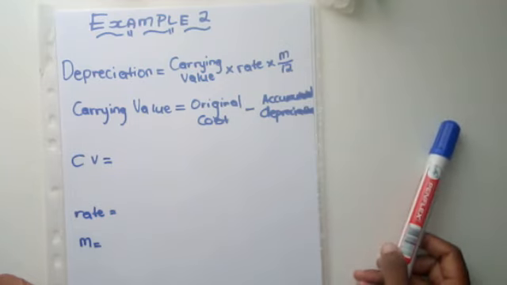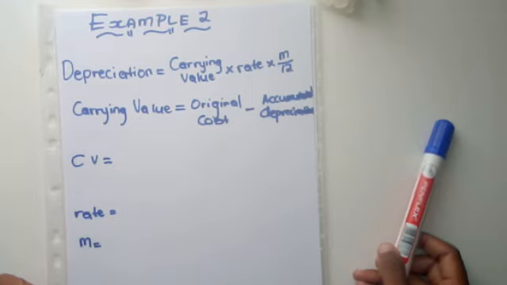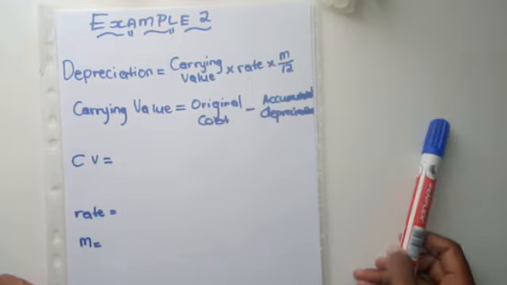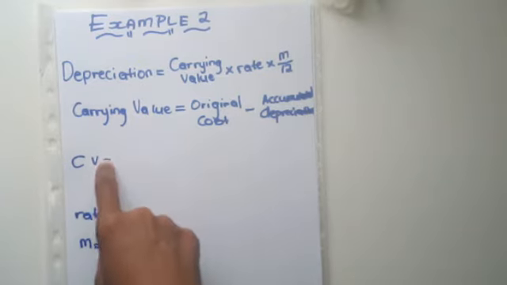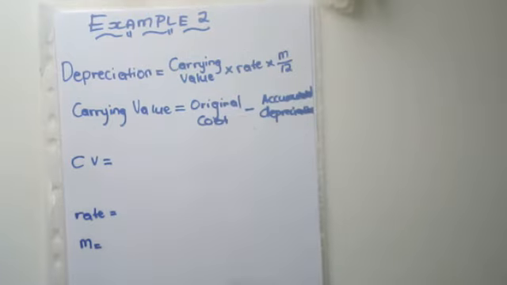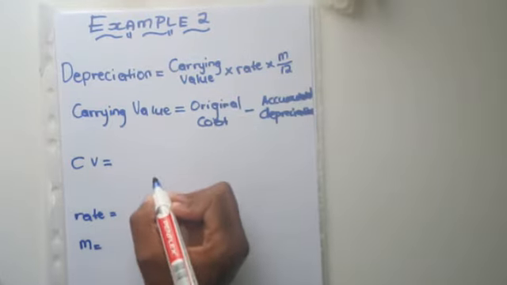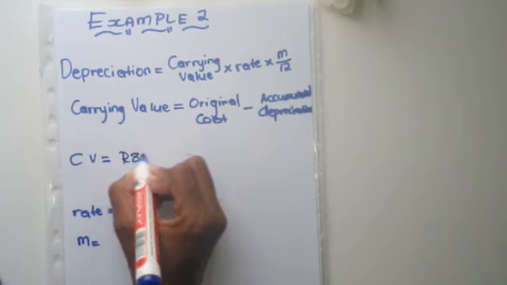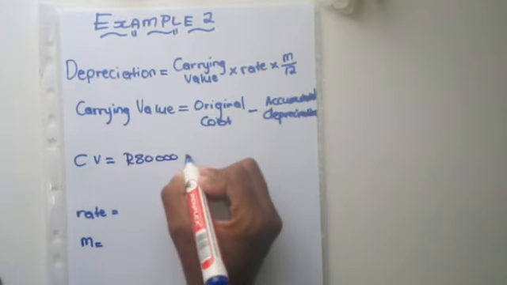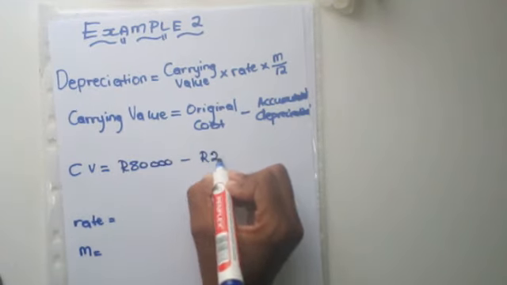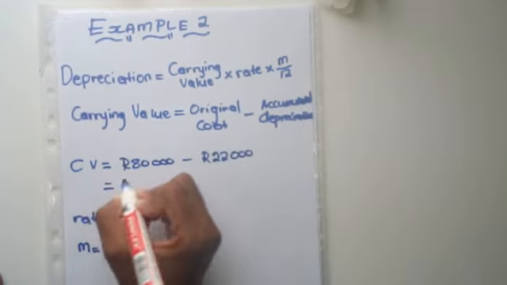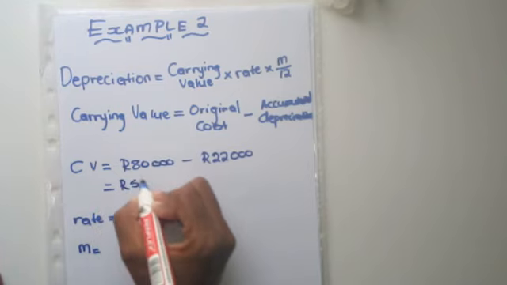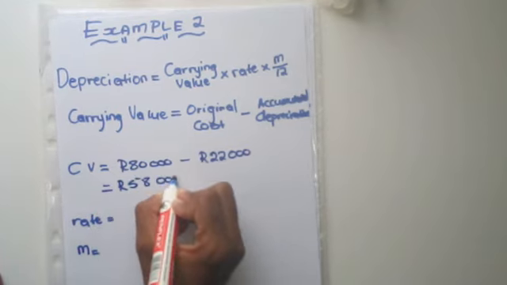And now that we have all of our formulas, let's go ahead and try to get all of our parameters as they have been given to us in the question. So the first thing that we need is the carrying value. We already have the formula. The original cost of these computers was 80,000 rands, and the accumulated depreciation is 22,000 rands, and that gives me a carrying value of 58,000 rands.